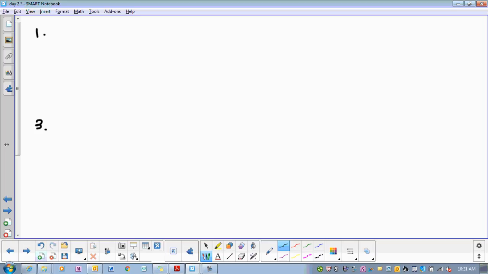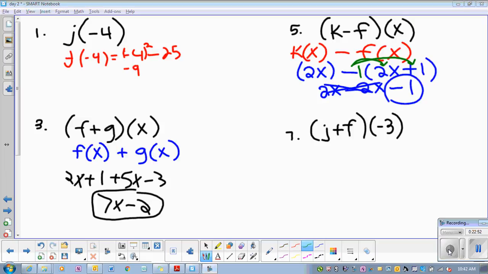Let's just do all the odds on the first page: 1, 3, 5, and 7. Try that, and as you finish, compare with somebody around you. Make sure that you have the same answer. If you have questions, I'm happy to help, but I want you to try using your notes and each other.